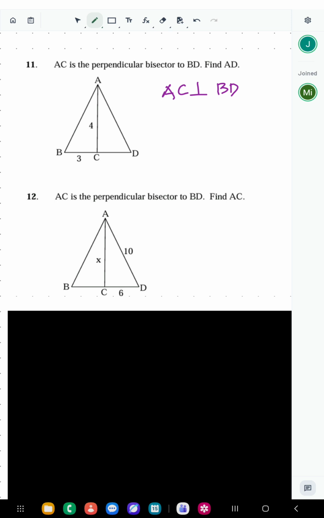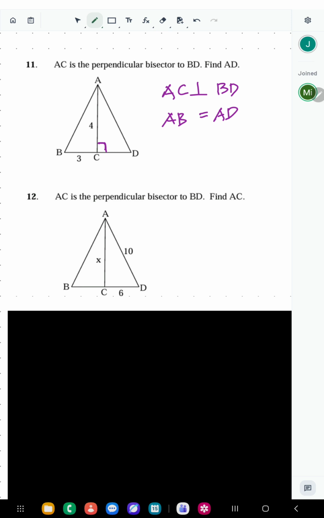If AC is the perpendicular bisector of BD, then that means AB is equal to AD, right? So this is a right angle, right?